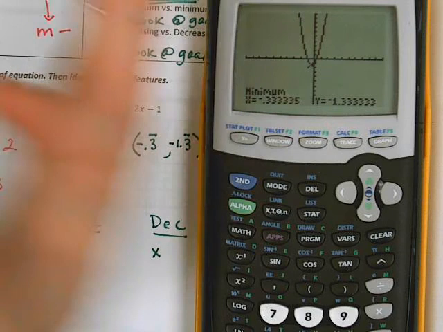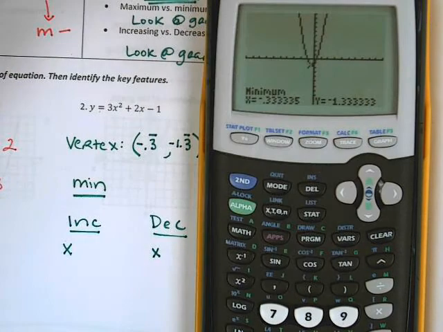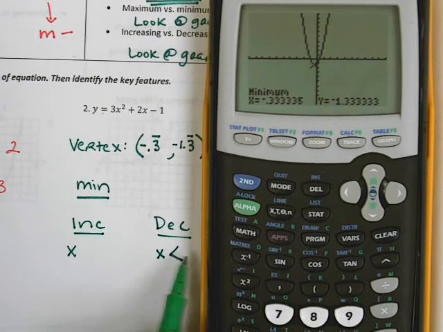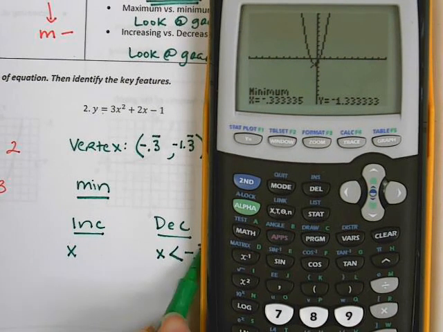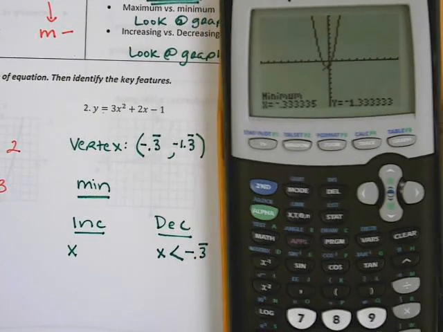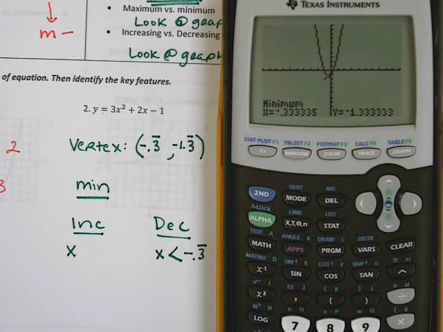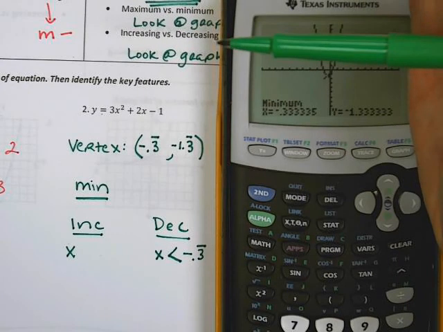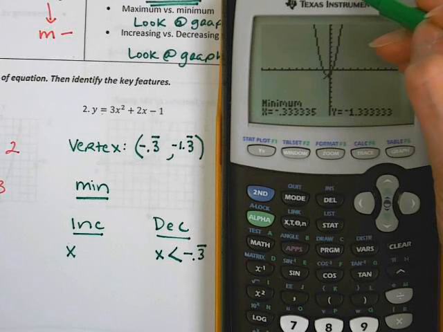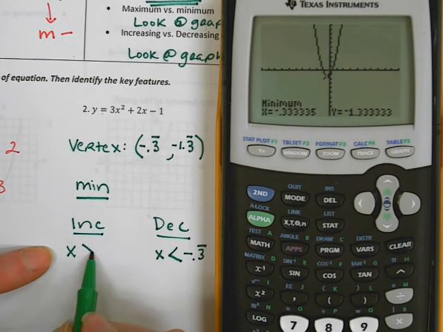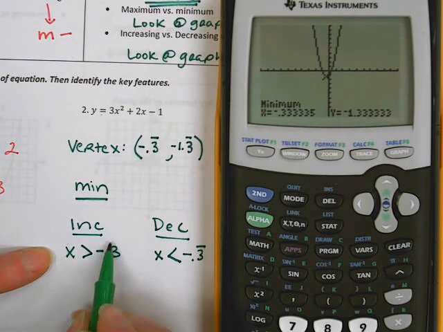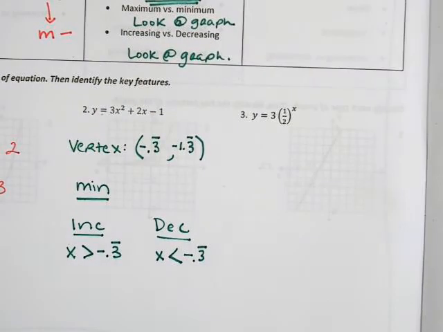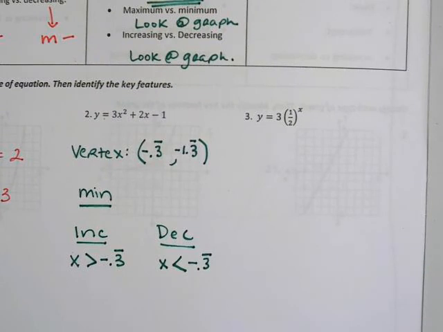So it's decreasing when x is less than negative 0.3 repeating, because that's the x value of the vertex. But then when x starts getting to the right of negative 0.3 repeating, the function starts increasing. So it's increasing when x is greater than negative 0.3 repeating. Okay, that's the hard part of this section.